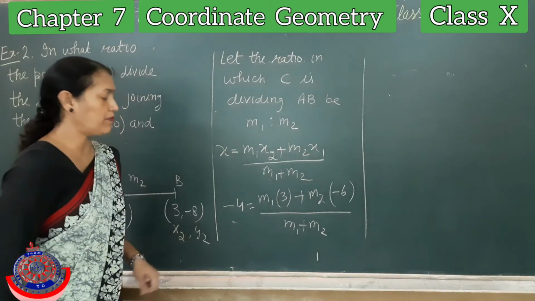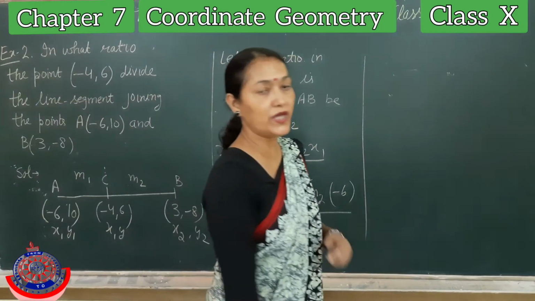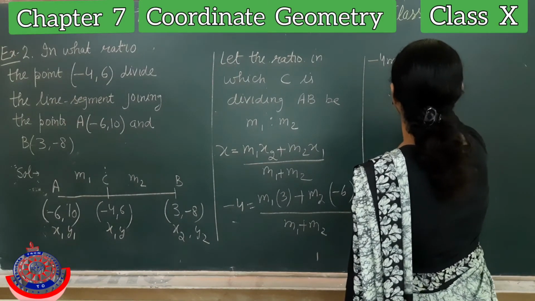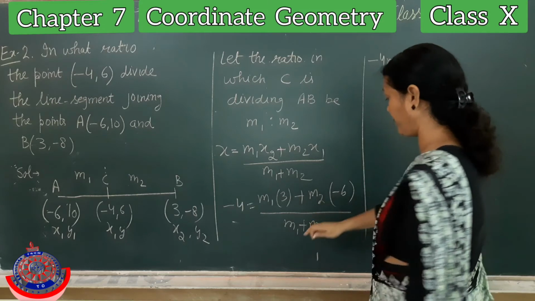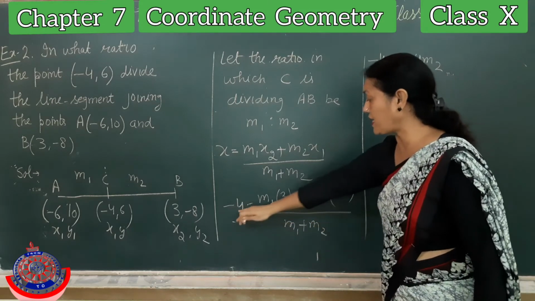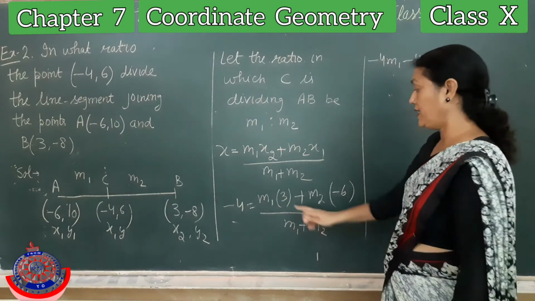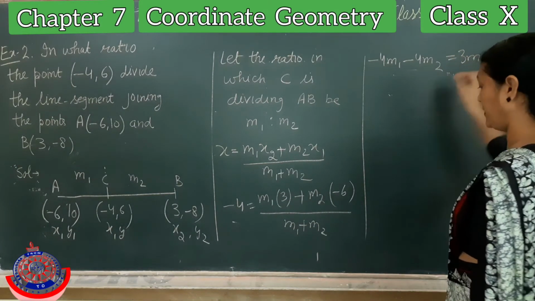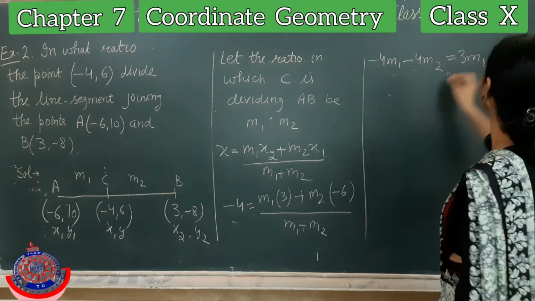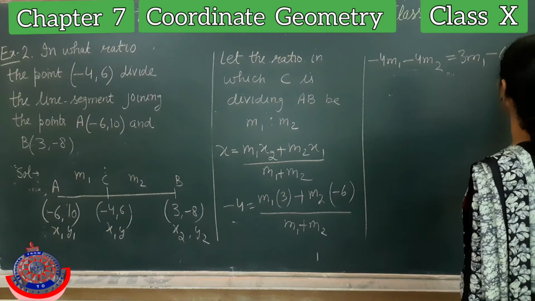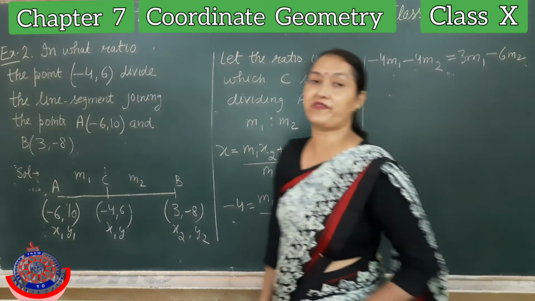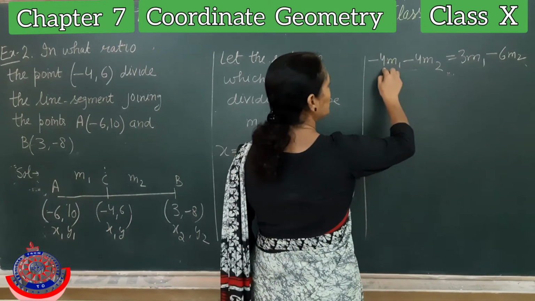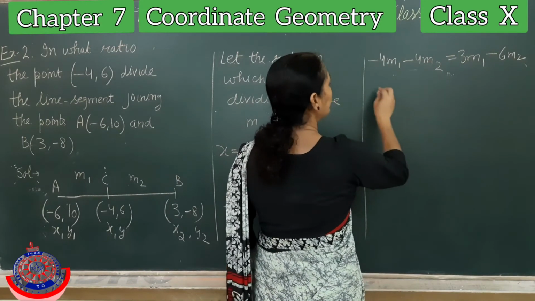Cross multiply, minus 4 will multiply with both m1 and m2 and we will be having minus 4 m1 minus 4 m2. We have shifted m1 plus m2 this side and minus 4 got multiplied. Here 3 into m1, then minus 6 into m2, minus 6 m2. Now we will be shifting like terms to one side, terms of m1 on one side, minus 4 m1, this plus 3m1 will become minus.